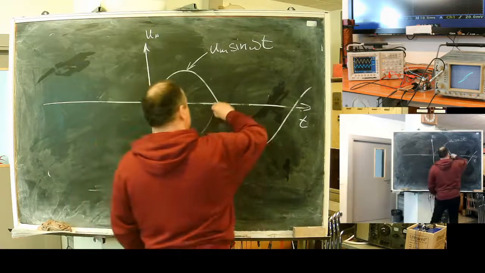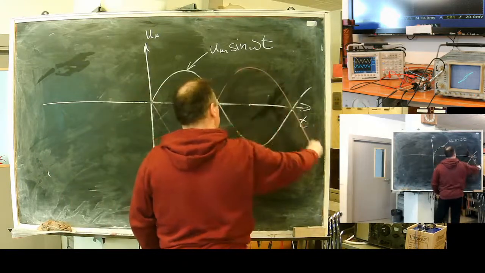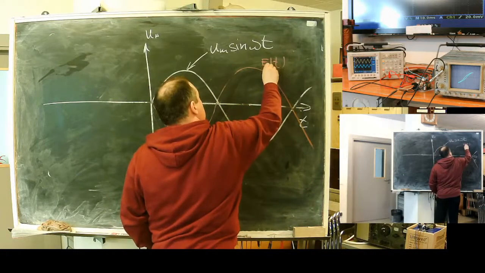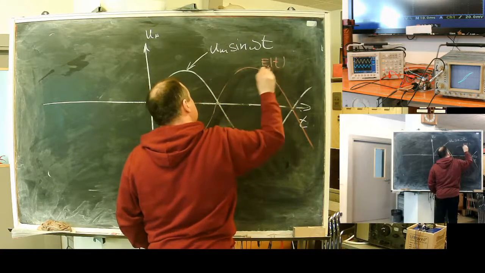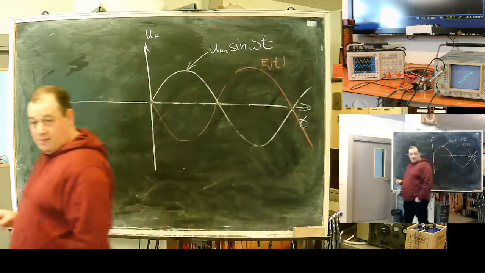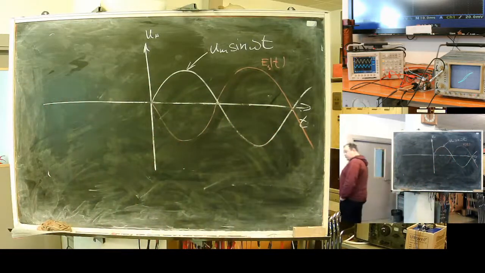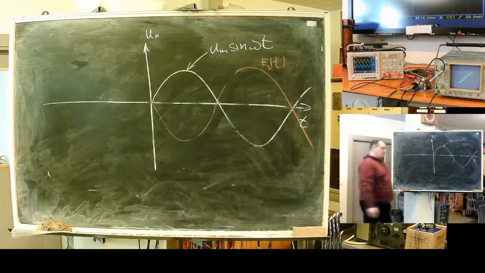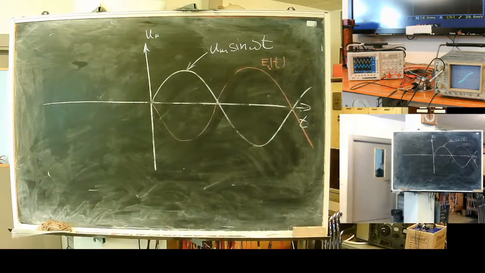I should draw a mirror line. Self EMF. It's an EMF on the transformer primary winding. Should I bring a large transformer?